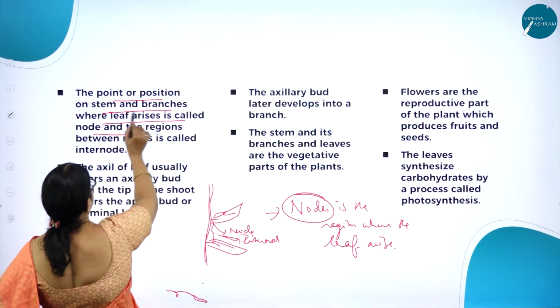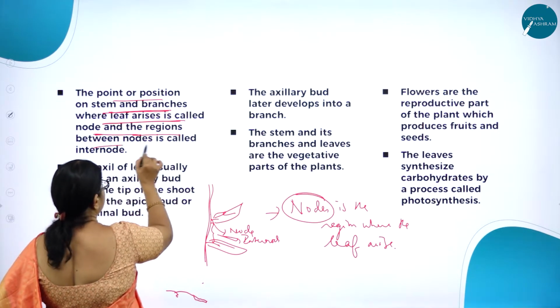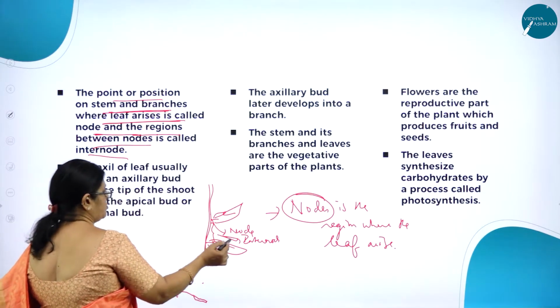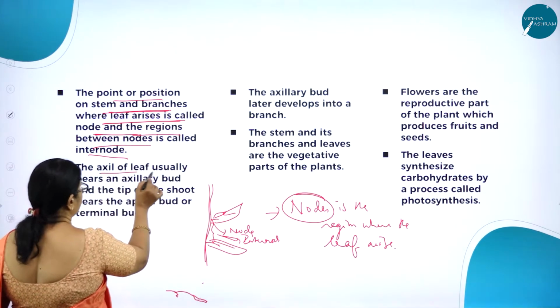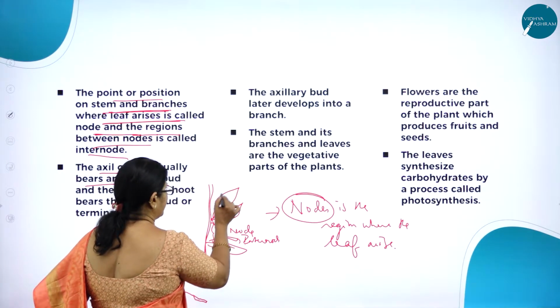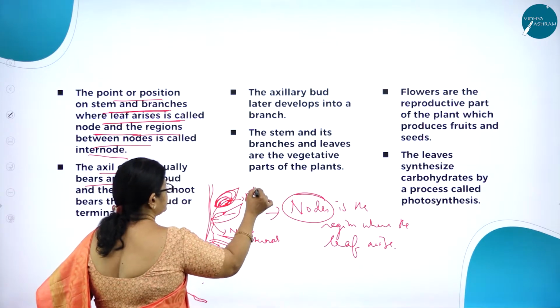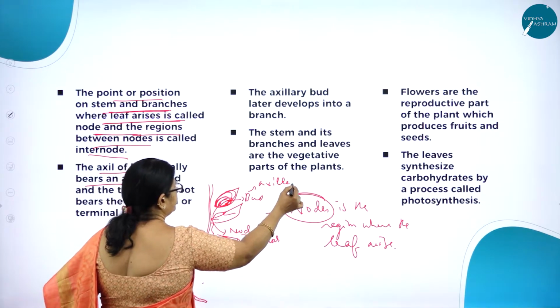So the point or position of the stem and branches where leaf arises is called as node, and the regions between nodes is called as what? Internodes. The axil of the leaf usually bears an axillary bud. So here you can see sometimes the bud like this. This is a bud. This is called as axillary bud.